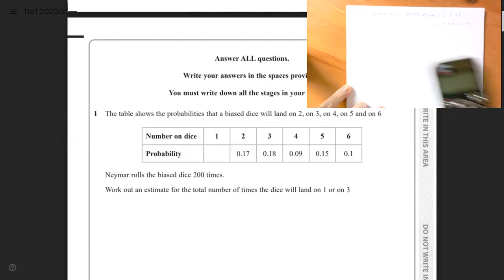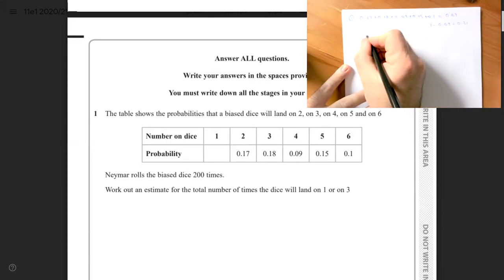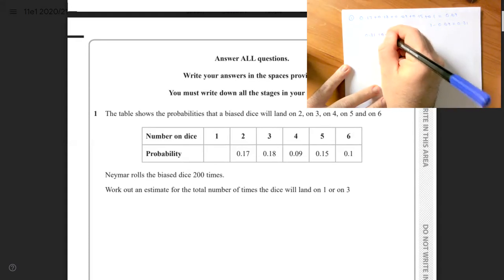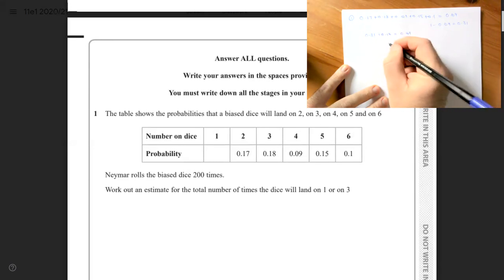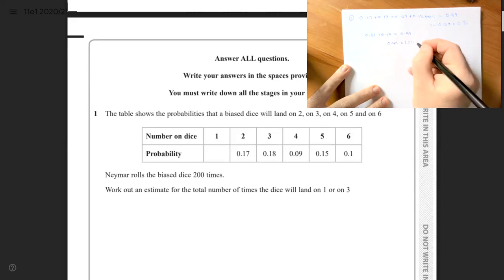So the probability of a 1 is 0.31. Probability of a 3 is 0.18. So 0.31 plus 0.18 equals 0.49. 0.49 multiplied by 200 equals 98.